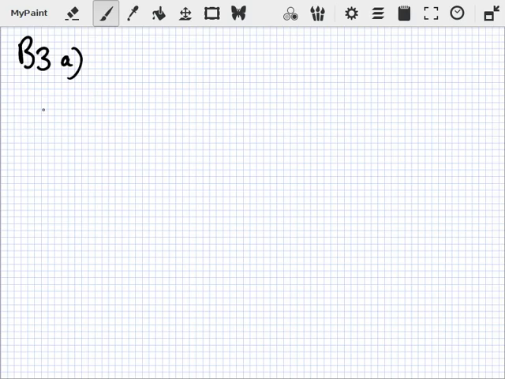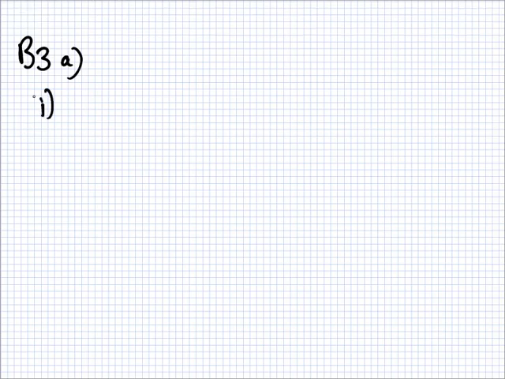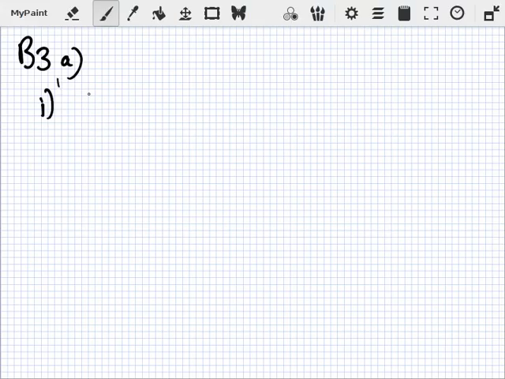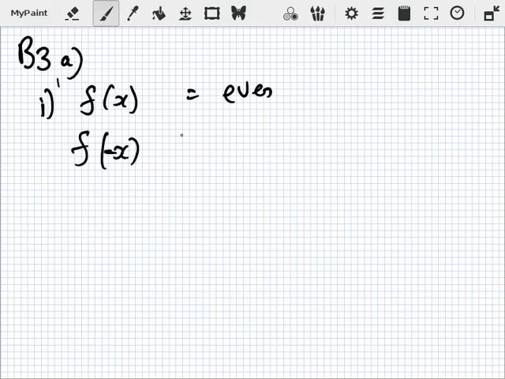Part 1, what are we to do here? We have this graph. Is this even or odd? Do you remember this? It is even. f(x) is even because, well, it's kind of obvious from the graph, f of minus x equals f of x on the graph.